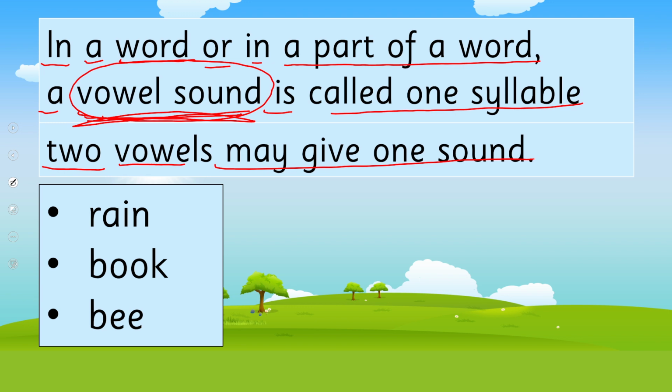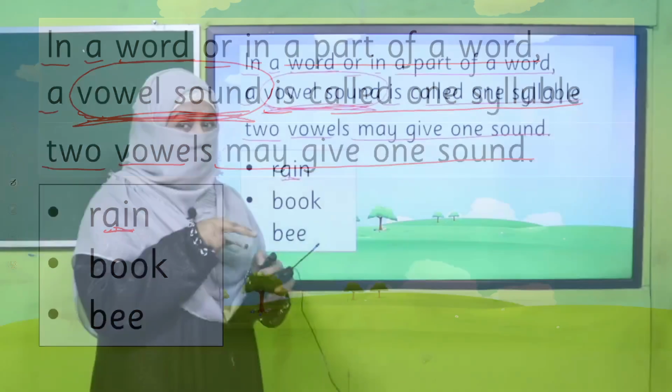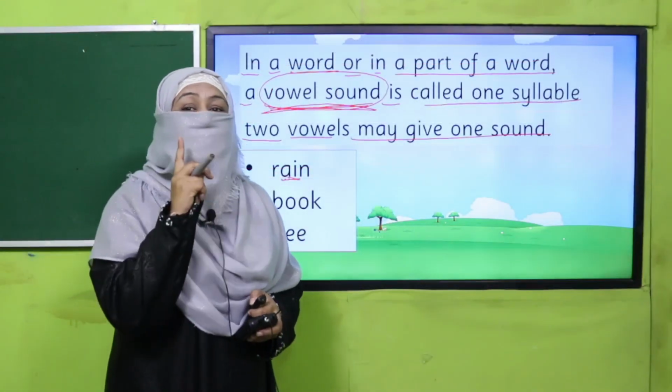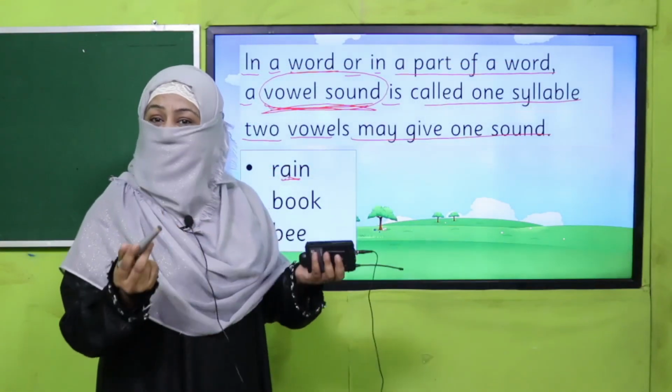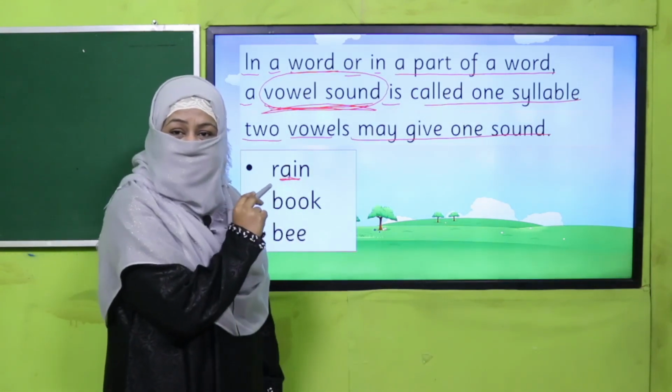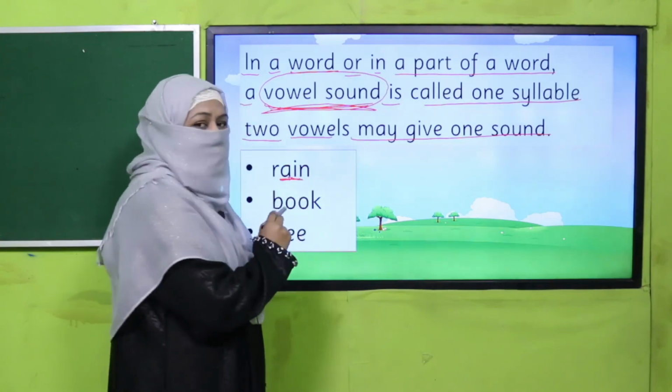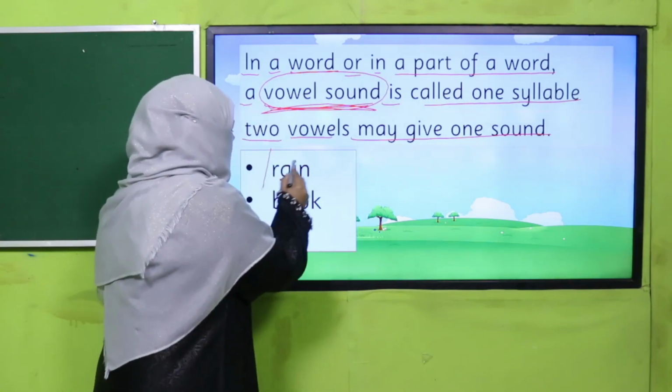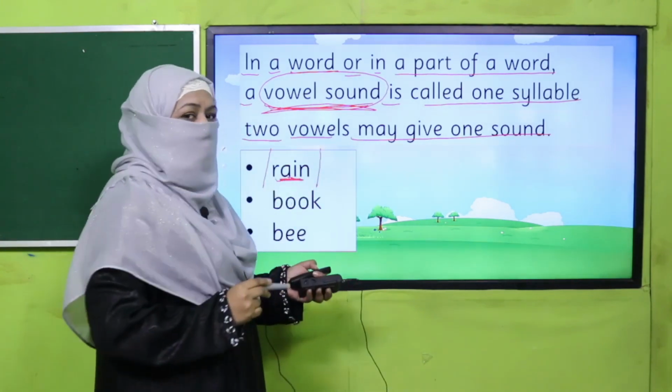For example, in this word rain, there are 2 vowels, A and I. But we know when 2 vowels are walking, the first does the talking and says its name. So first vowel gives its sound and second vowel remains silent and it becomes one word, which is rain.